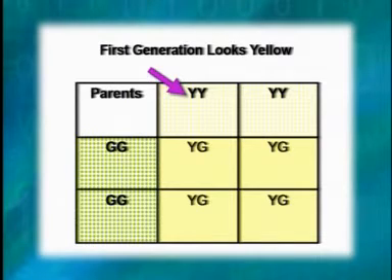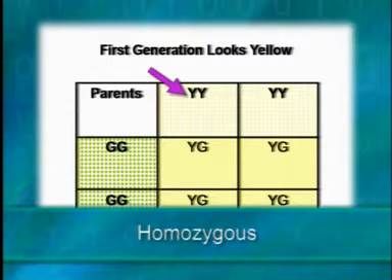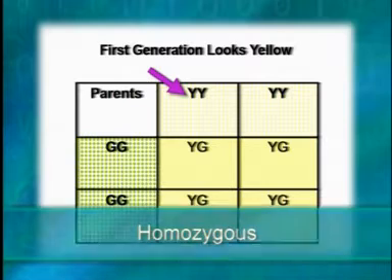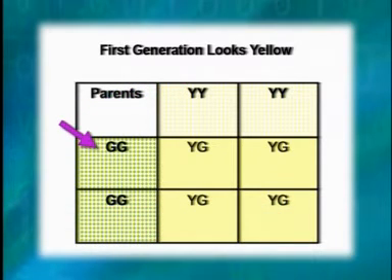When he crossed a homozygous yellow gene plant with a homozygous green gene plant, meaning both of the genes are the same, all of the offspring had one gene from each parent in their genetic makeup. So all of the offspring had one yellow and one green gene, and all of them appeared yellow because yellow is the dominant gene.